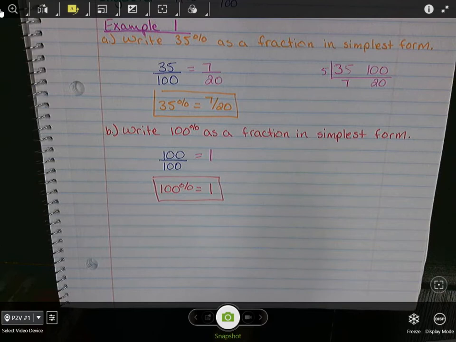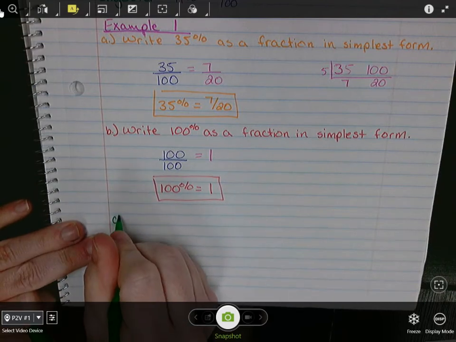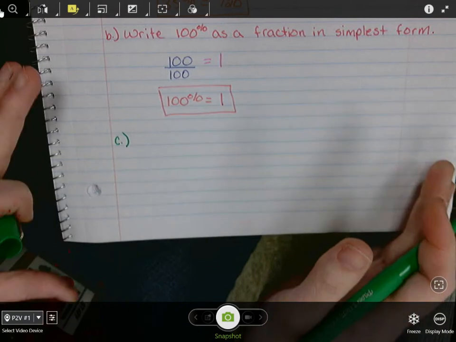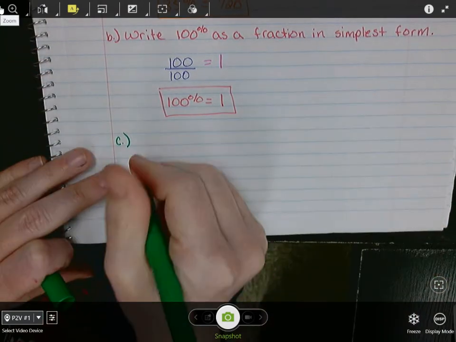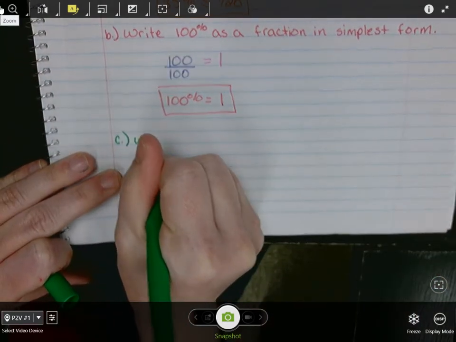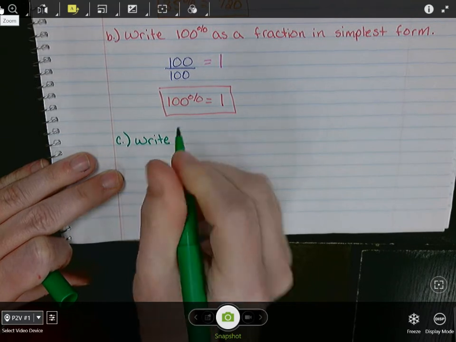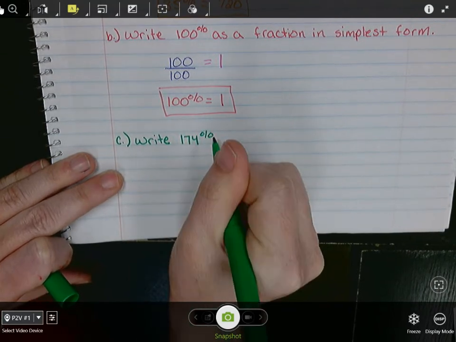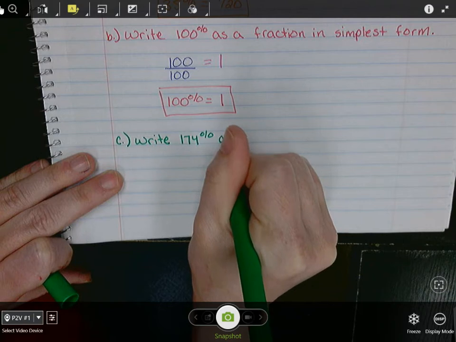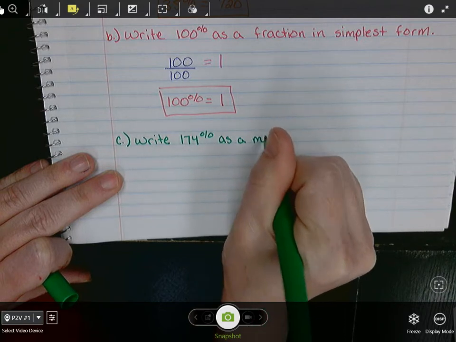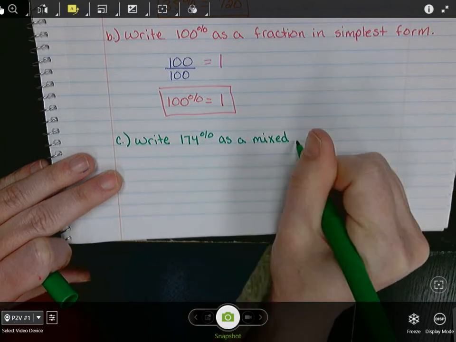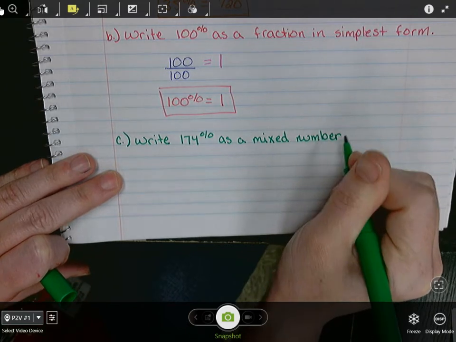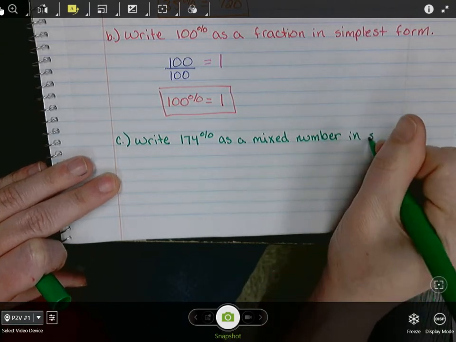All right, and another example, C. It says write 174% as a mixed number in simplest form.